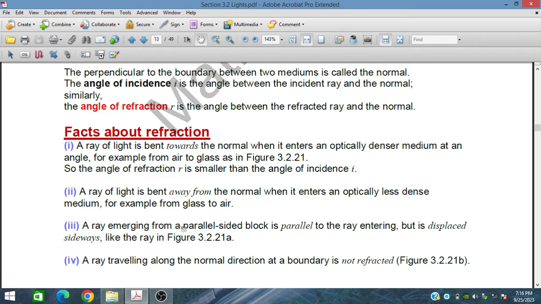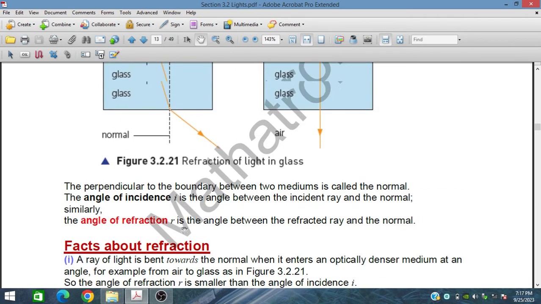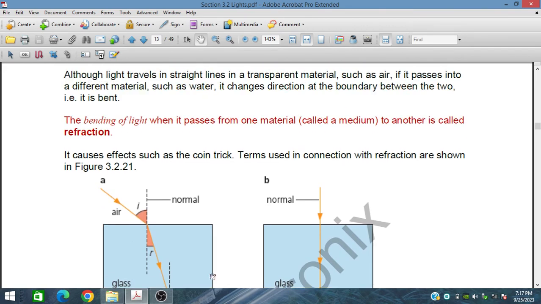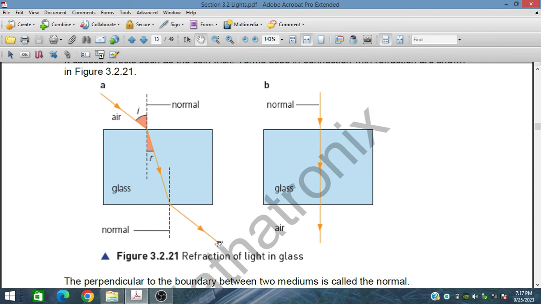And the ray emerging from a parallel-sided block is parallel to the ray entering, but is displaced sideways, like the ray in figure 3.21a. So here this is the incident ray, and it bends toward the normal in a denser medium, and when it moves out, it again moves away from the normal.